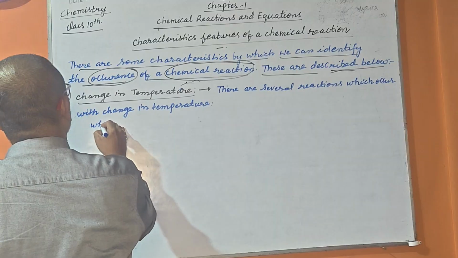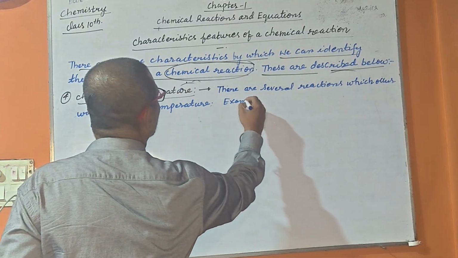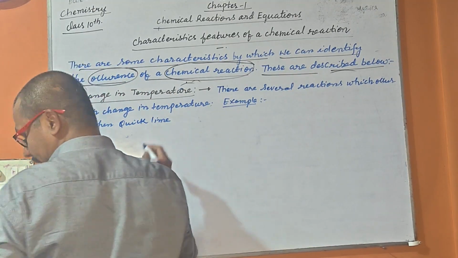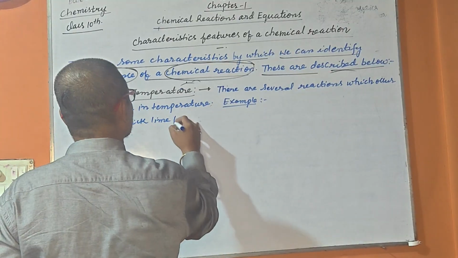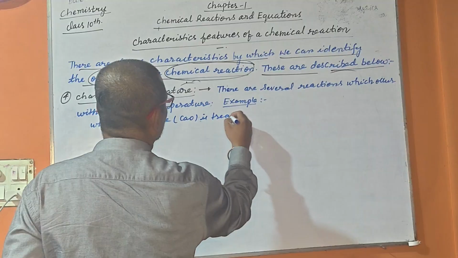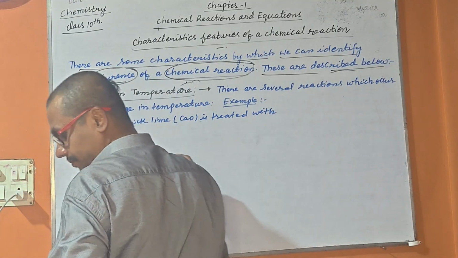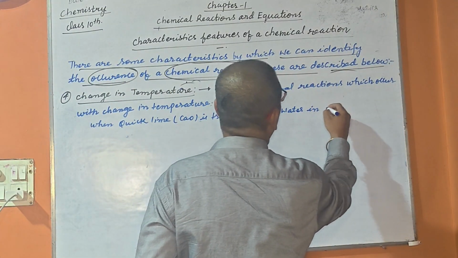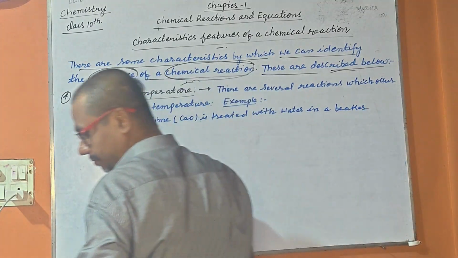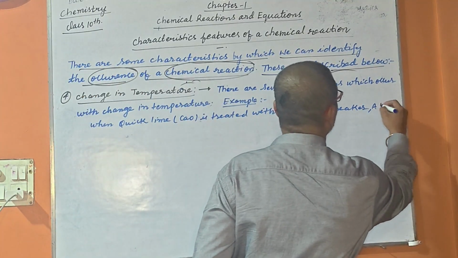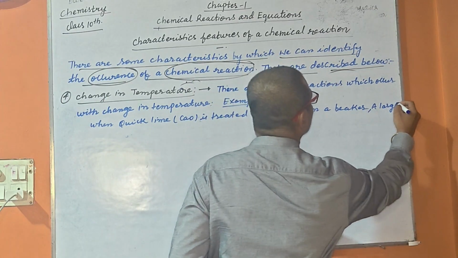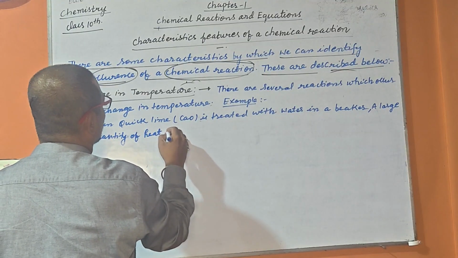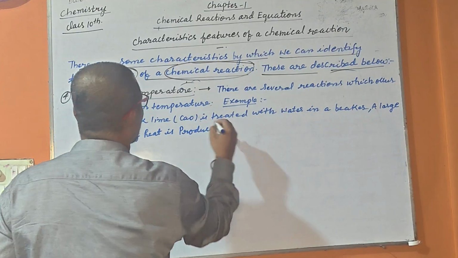When quicklime, calcium oxide, is treated with water in a beaker, a large quantity of heat is produced.